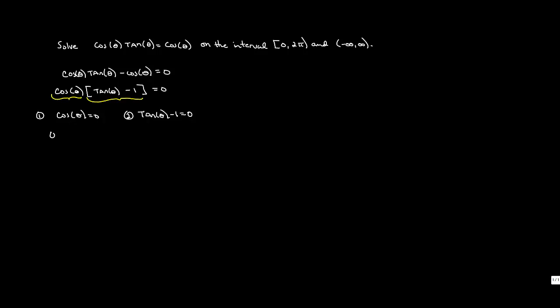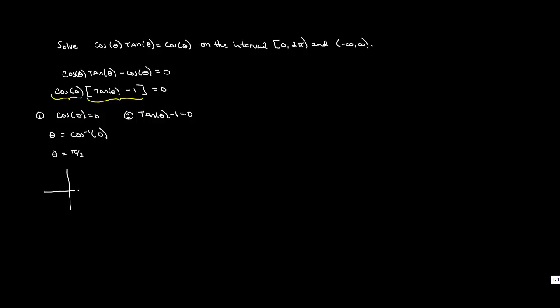So this right here says that theta is equal to the arc cosine of 0, or what angle gives me a cosine value of 0? Well, we know that that angle is pi over 2. But there's an infinite amount of angles that give me that, right?